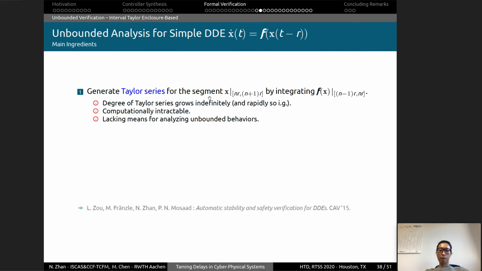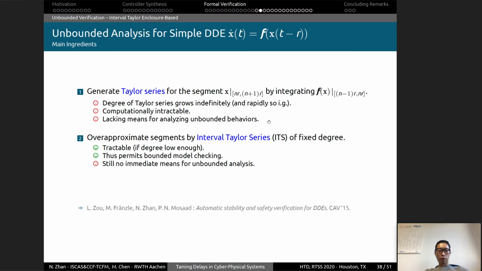This is also known as the method of steps in solving delay differential equations. But this method is definitely not efficient because the degree of the Taylor series grows indefinitely and rapidly. So computationally it's intractable. It also lacks means of analyzing unbounded behaviors.